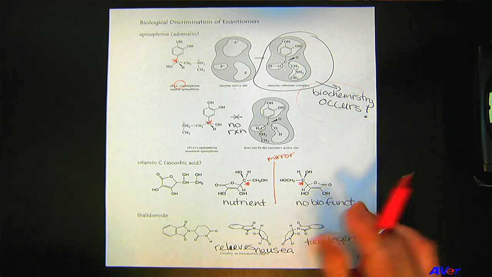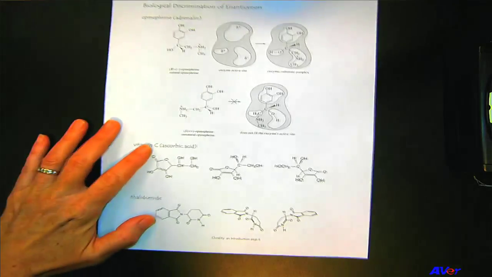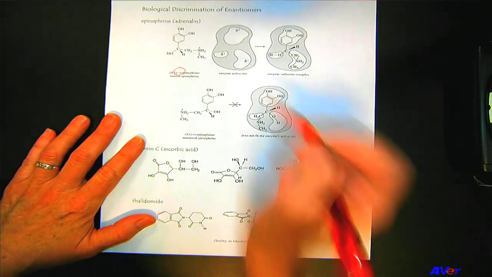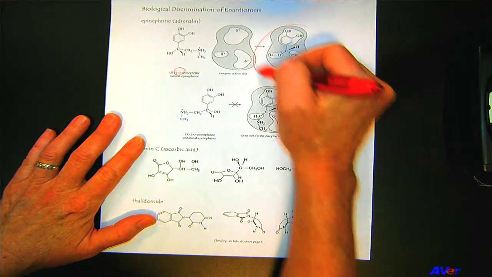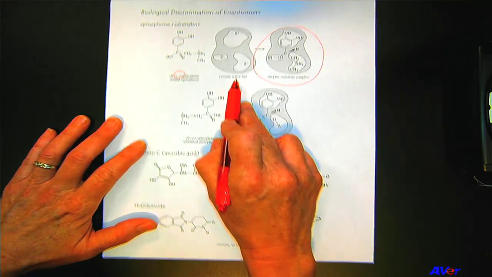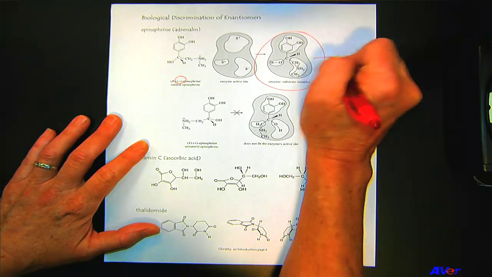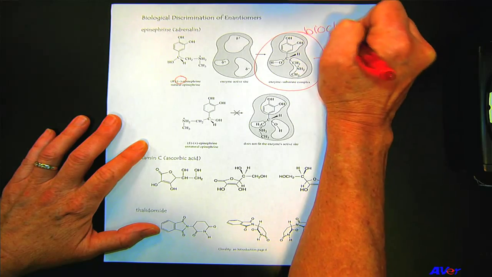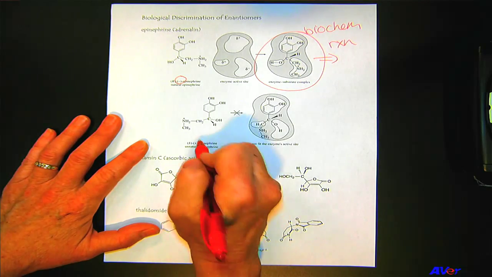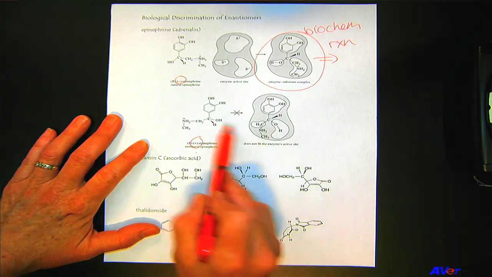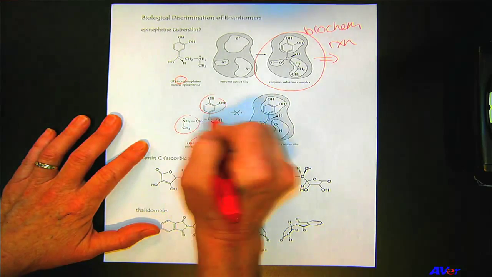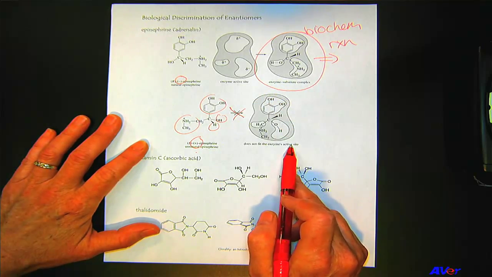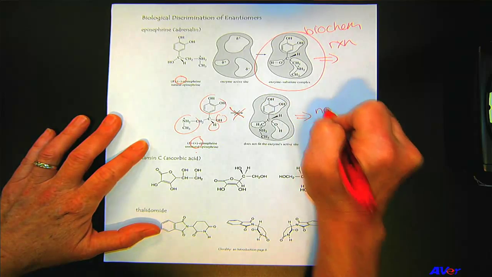Okay, right? So here is our minus. We see the minus enantiomer fits perfectly into the active site of the enzyme, and so we get a reaction. If we have the plus enantiomer though, now we see that the groups do not fit properly into the active site of the enzyme, and so there's no reaction.